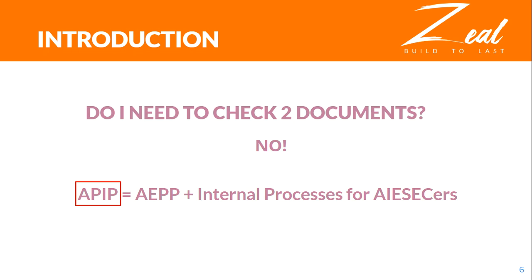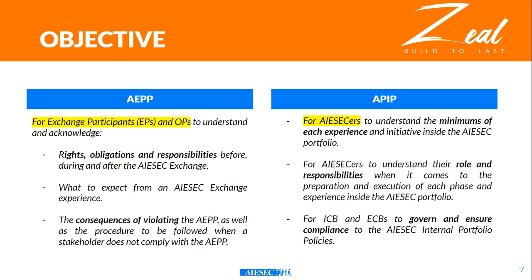My dear AIESECers of AIESEC in Austria, you just need to check one document, which is the AIESEC Portfolio Internal Policies, because it contains the first one, AIESEC Exchange Program Policies, plus internal processes for AIESECers.